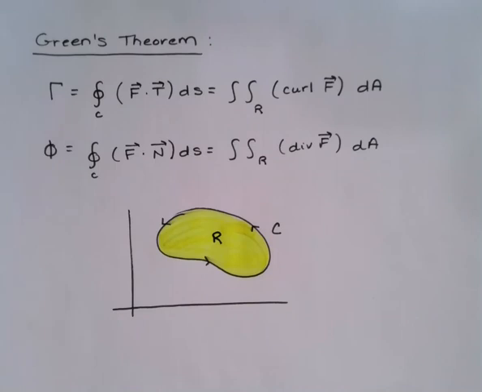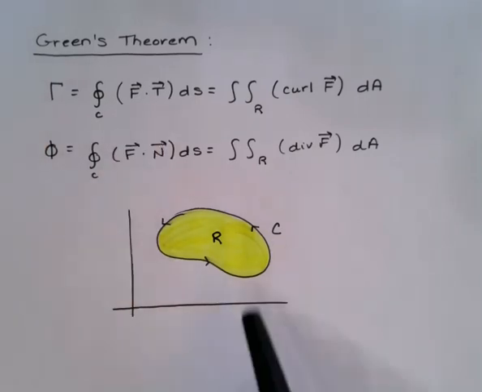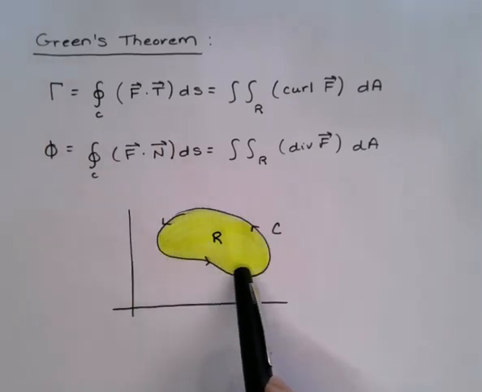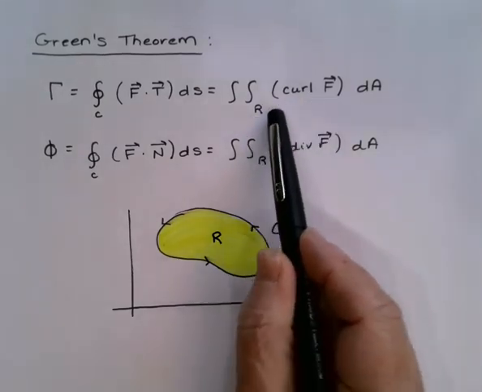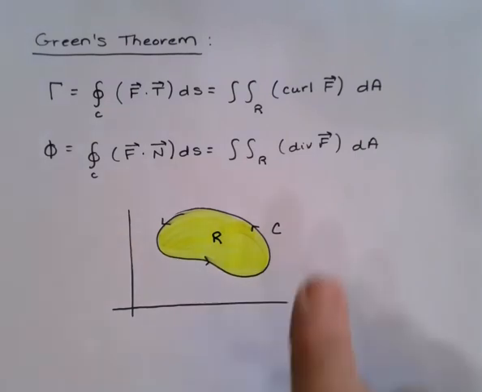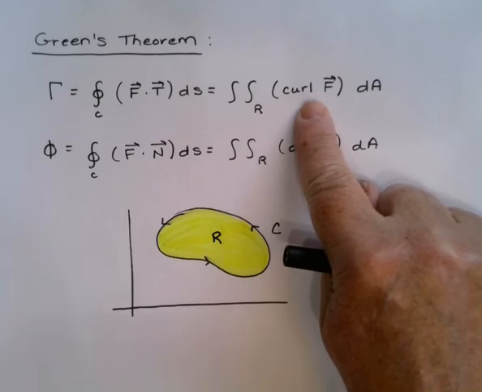Let's think about this now in terms of the geometry and the understanding of curl and divergence that we've been developing. We'll start with circulation. This said that the circulation, something that's happening out here on the boundary, could be predicted by something that's happening inside of R. Well, what was curl again? Curl was measuring how much rotation we were getting out of our vector field.